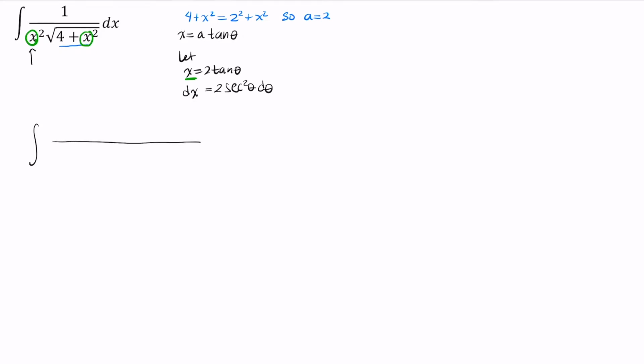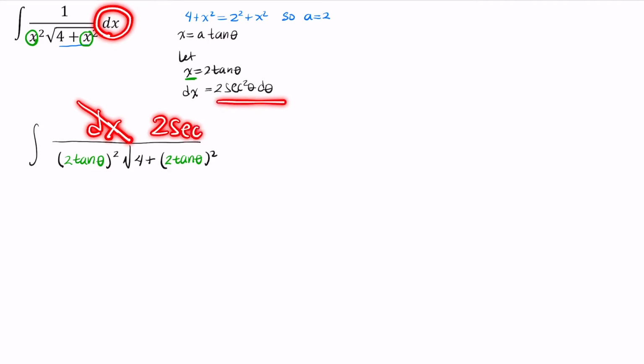This x here is going to become 2 tangent theta, and then of course I square it, and then we have our square root with 4 plus, again another x, so 2 tangent theta squared. And then in my numerator here, I'm going to replace what would have been a dx with 2 secant squared theta d theta.